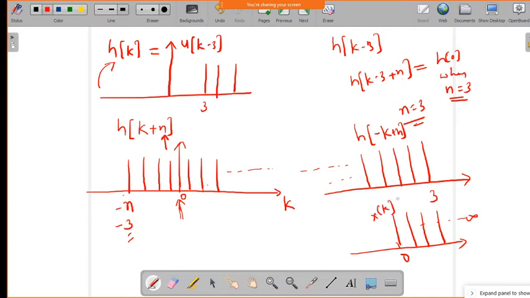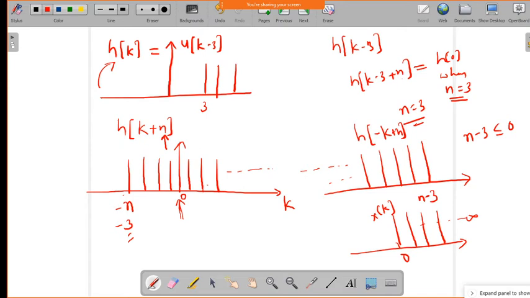Now whenever n minus 3, say for example, because we have shifted by 3 units, whenever n minus 3 is less than or equal to 0, this signal which is shifted here, we can take as n minus 3.